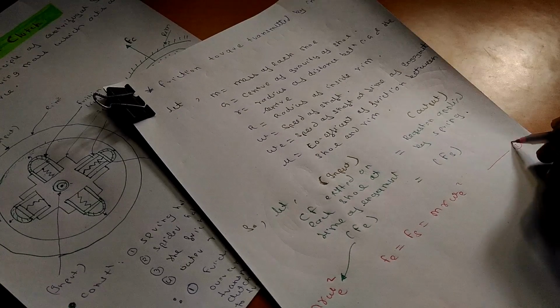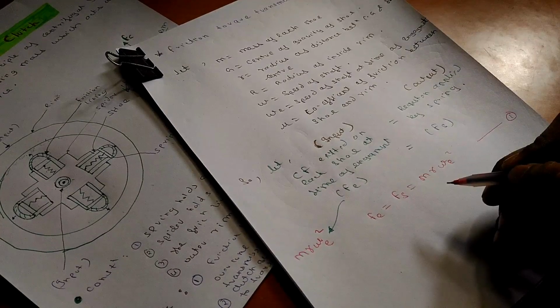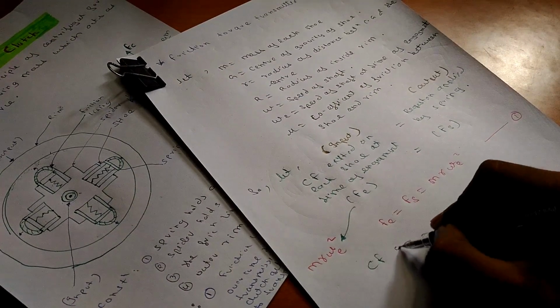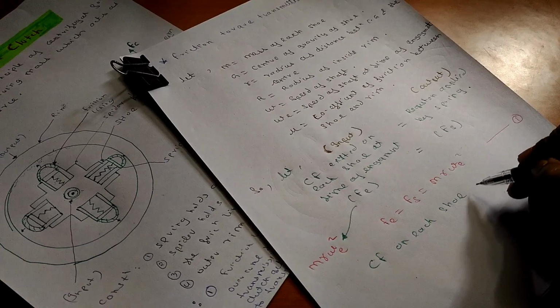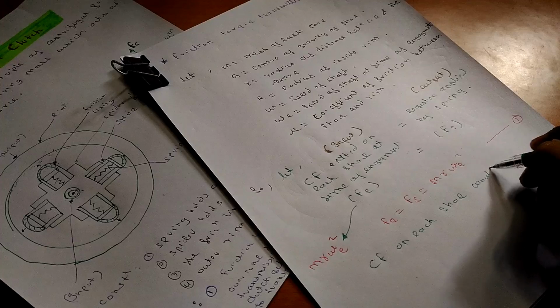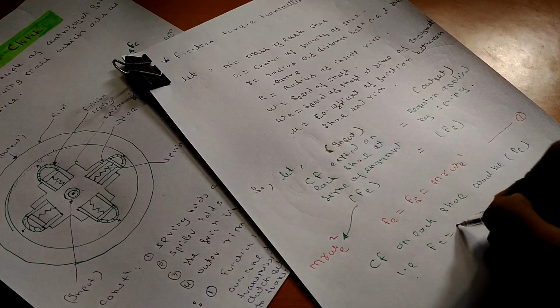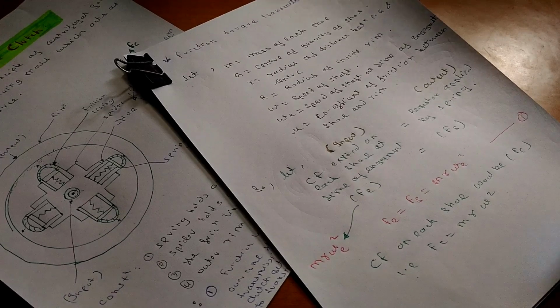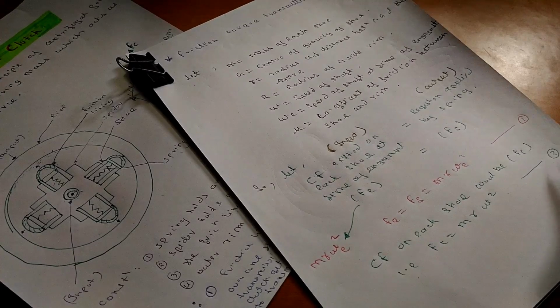So let this be equation 1. And the centrifugal force on each shoe would be Fc, that is Fc equals m r omega square. So let it be the second equation.